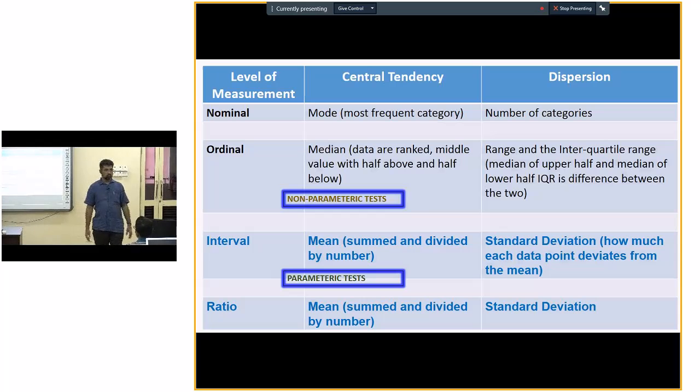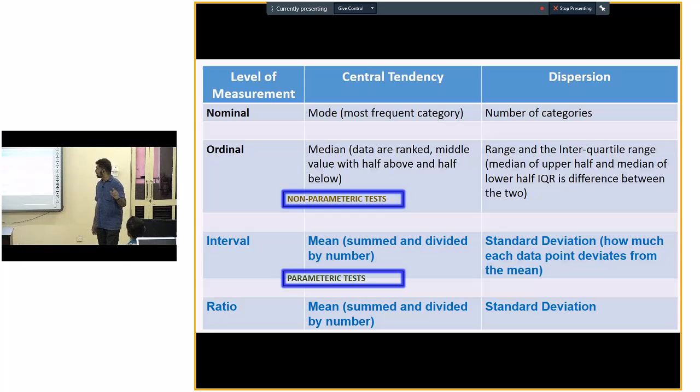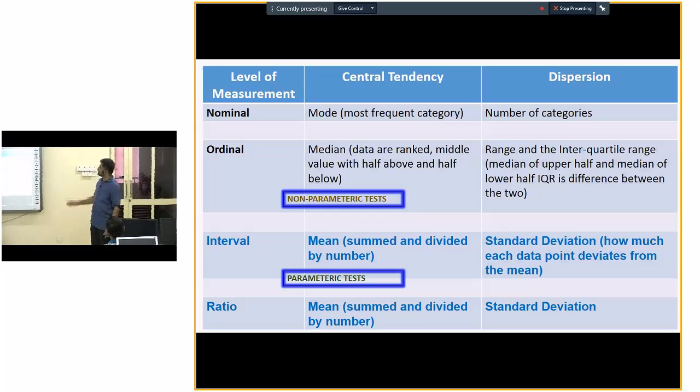We should have a clear idea for selecting descriptive measures. No need to click on all measurements. We have to select only relevant measurements.